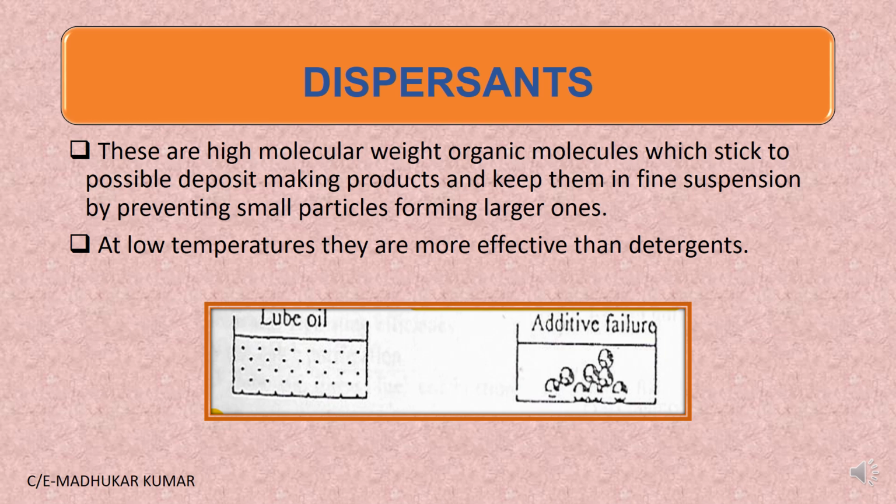So basically the dispersant makes the combustion products or deposits stick to it and keeps them in fine suspension, and does not allow the small particles to join and make a large particle, because that is going to cause wear and tear. At low temperature, they are more effective than the detergents.